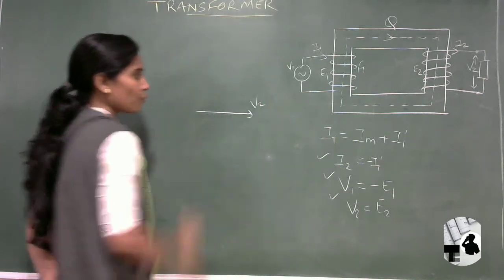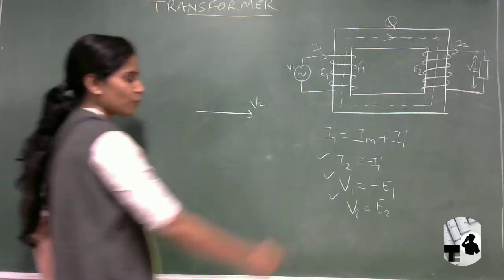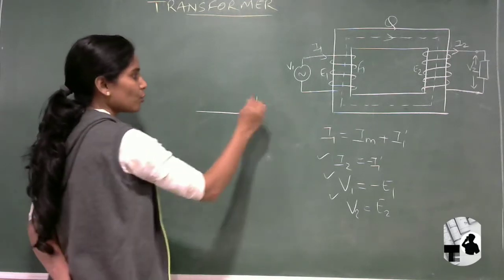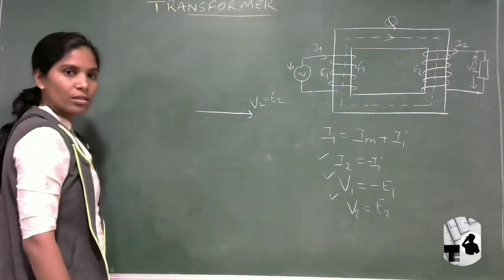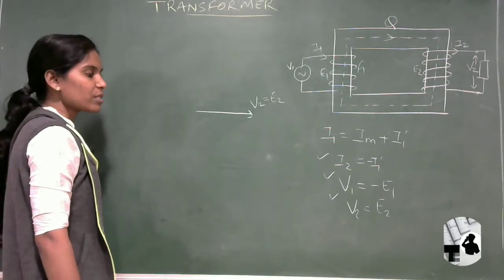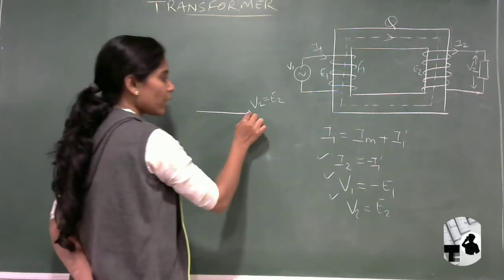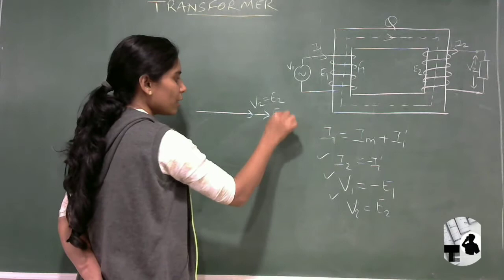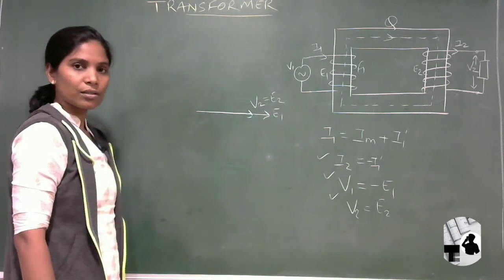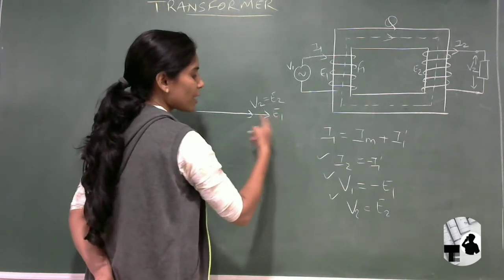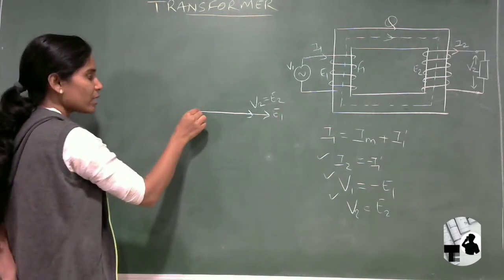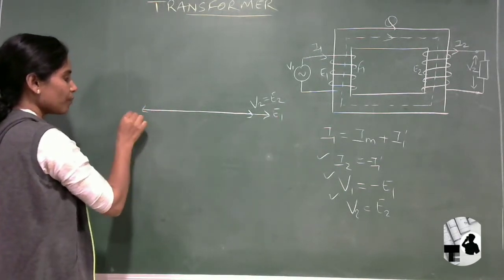So this is the phasor for V2. Now what is V2? V2 equals E2. So here V2 and E2 are equal, so this is the phase for E2 also. Now what is E1? We know that E2 and E1 are in the same phase, as we have seen for the no load case. So if this is the phasor for E1, then this will be for minus E1.